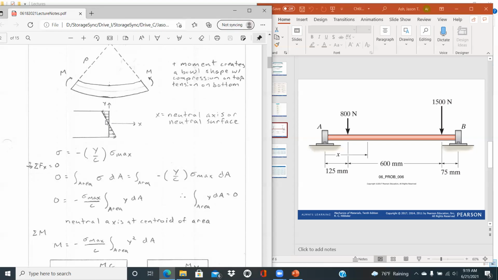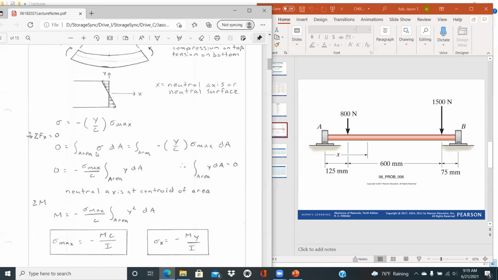If y is equal to 0, that tells you the stress is equal to 0. And so we really need to know what this stress is as a function of y so that we can integrate it and find a relationship between the internal moment that's being applied and the stress that's being produced.